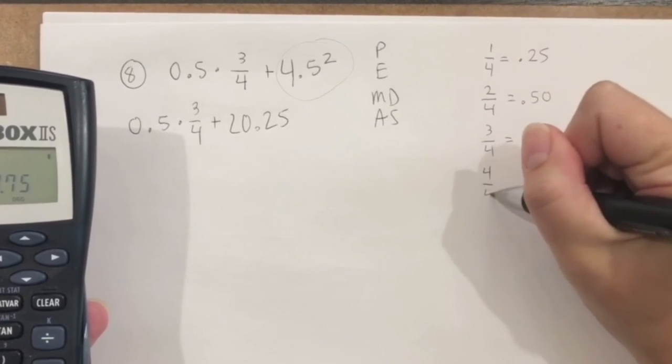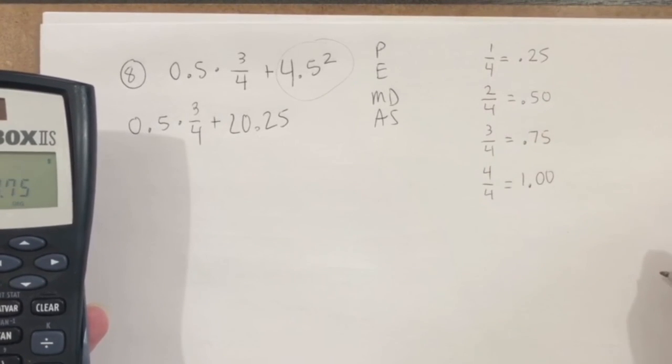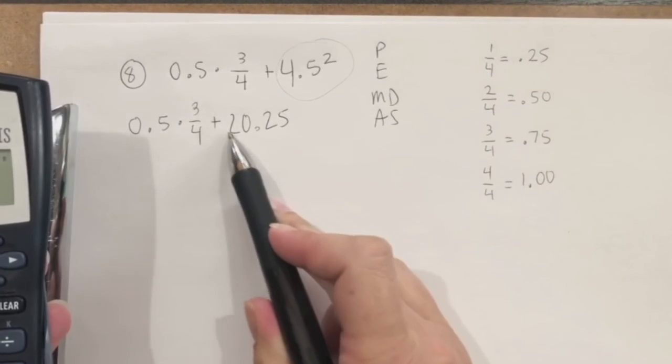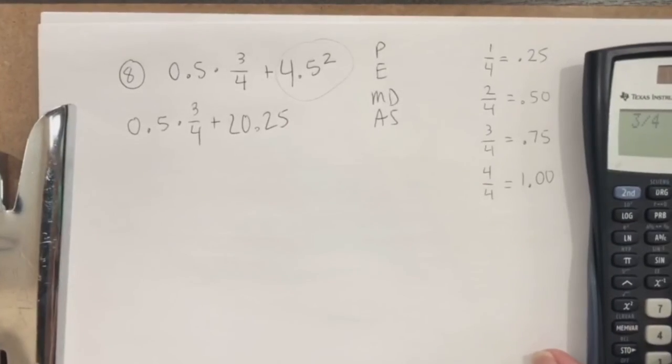And 4/4 is $1. So when you have quarters or fourths, it should be pretty easy to convert to a decimal.